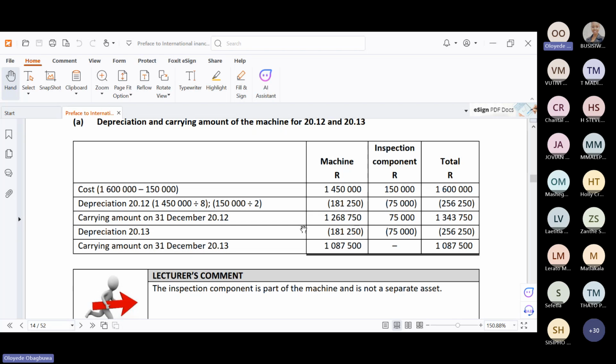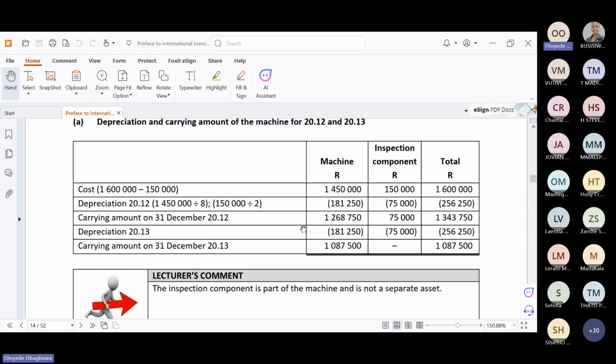No, okay. In 2014, our depreciation for the machine will still be 181,250. It now depends if the inspection is carried out. The question will lead us to know whether the inspection is carried out, and if it's carried out, is it still the same amount?